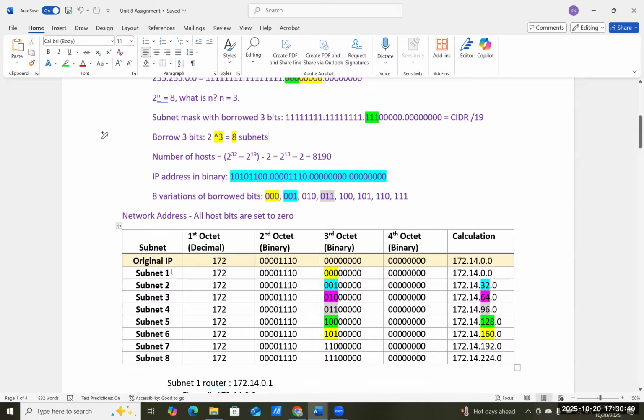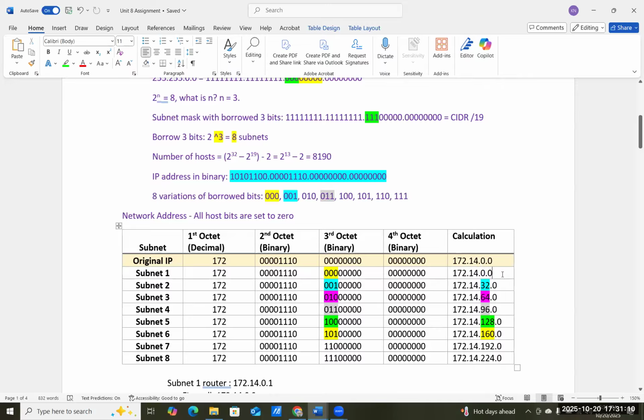So in the first subnet, using this IP that was in our problem, you have the same octet. So 172, the second octet is 14. You can put the 172 in binary if you want. The third octet is all 0. So the first subnet, your beginning IP would be 0.